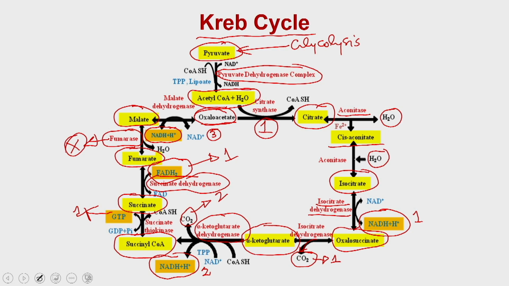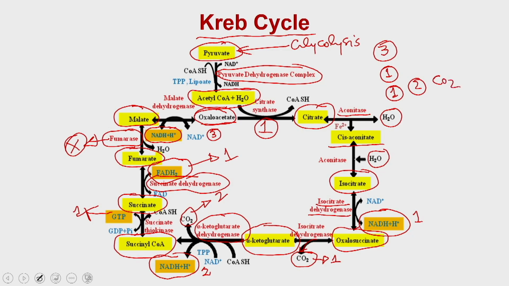So, at the end what you are getting out of the Krebs cycle is three molecules of NADH, one molecule of FADH, one molecule of GTP and two molecules of carbon dioxide.